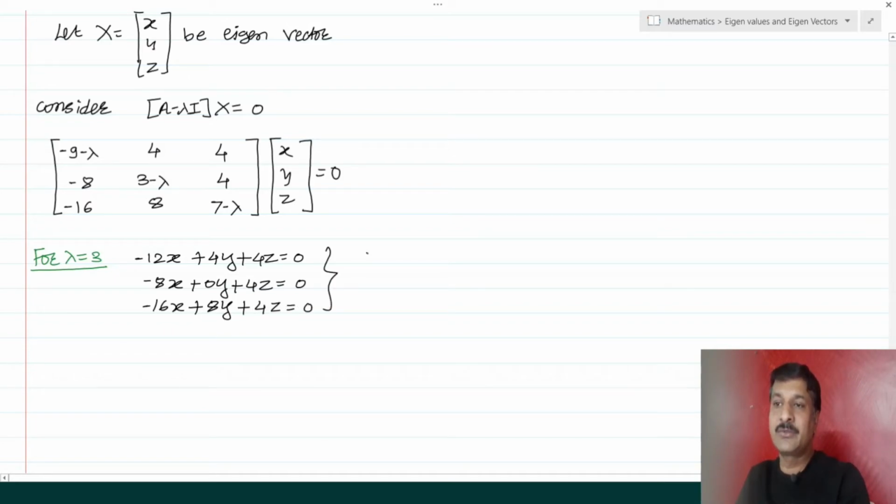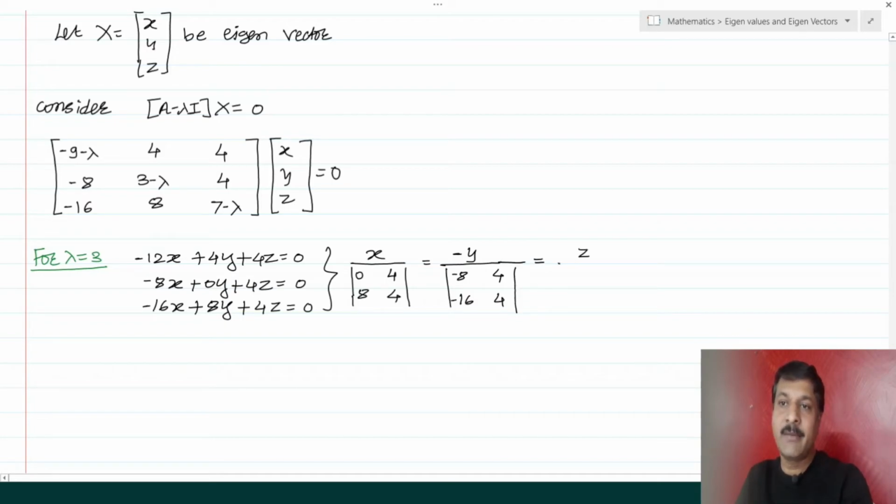So, by Cramer's rule, I am getting x upon determinant by last two equations 0, 4, 8, 4, minus y upon determinant minus 8, 4, minus 16 and 4, and z upon minus 8, 0, minus 16, 8.